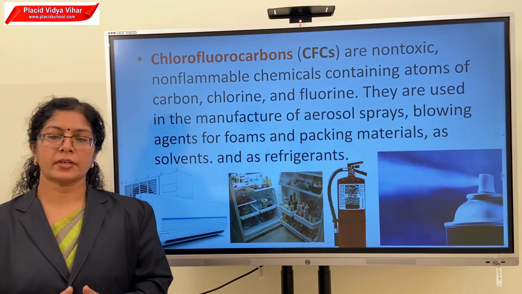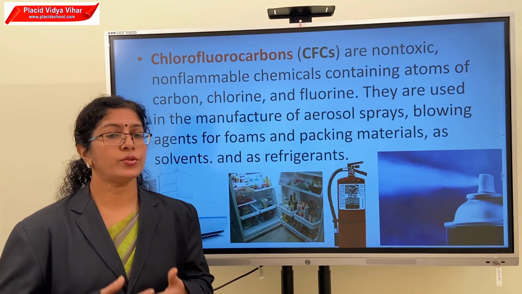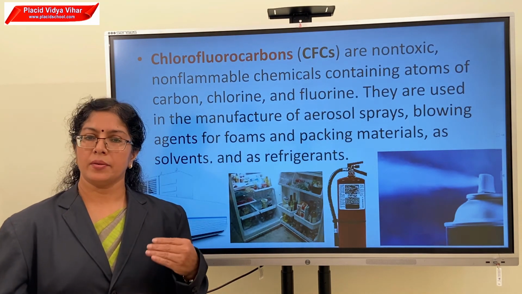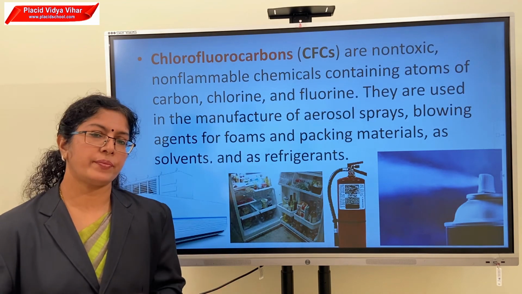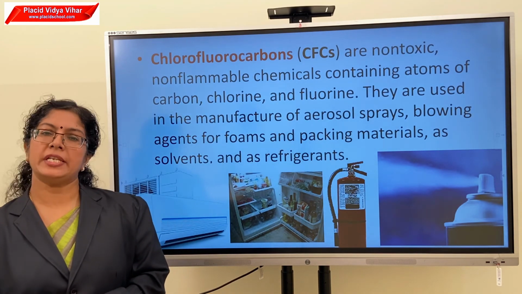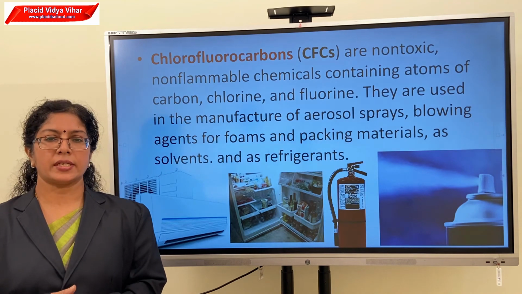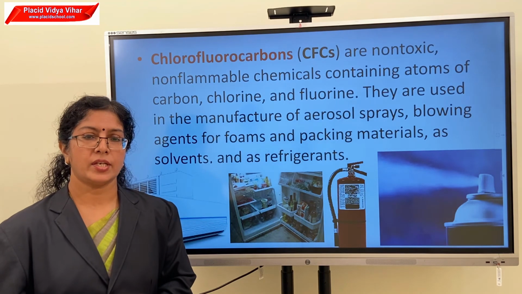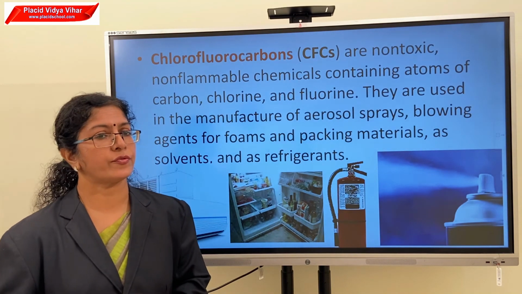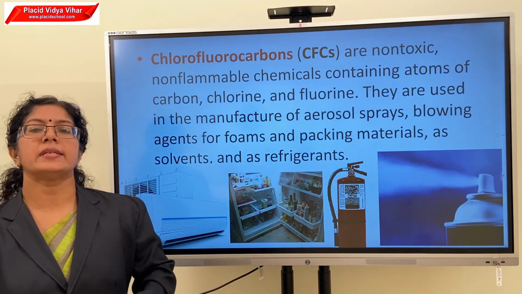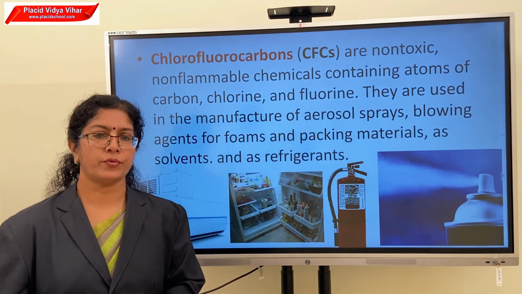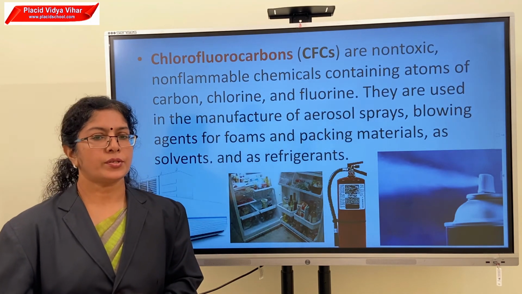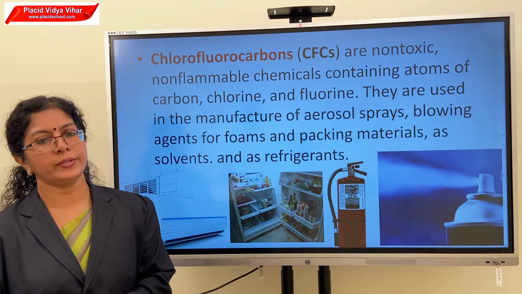So as responsible citizens, what we should do is be aware of this issue and spread information to your friends and families, and make sure that you don't keep appliances like this which are more than 20 years old. Make sure they are replaced with new ones and dispose of the old ones safely. So this is about ozone.